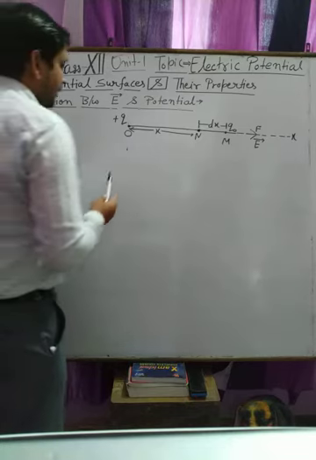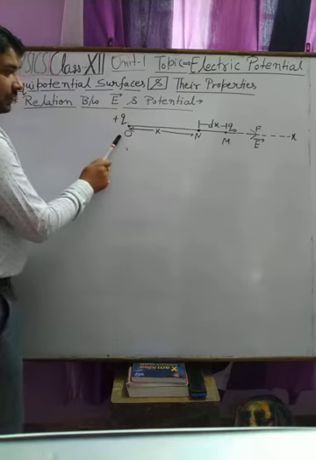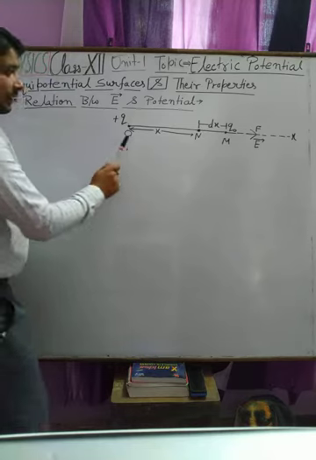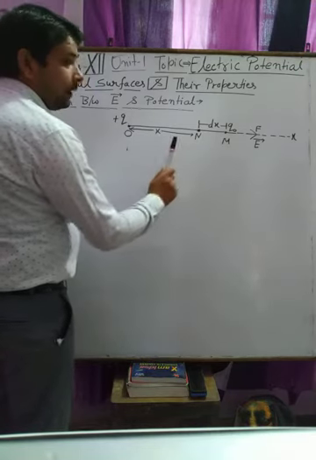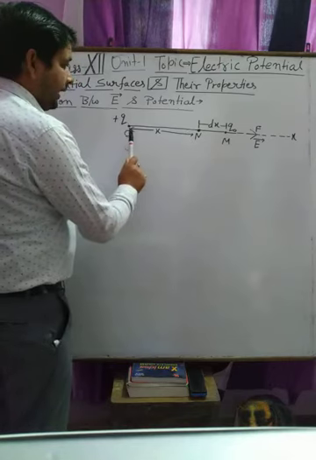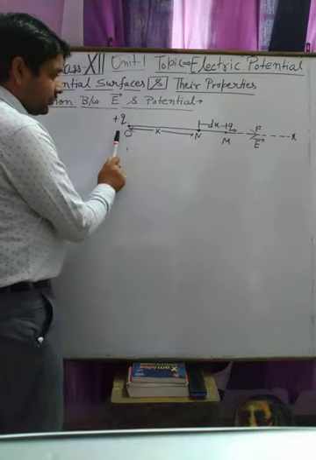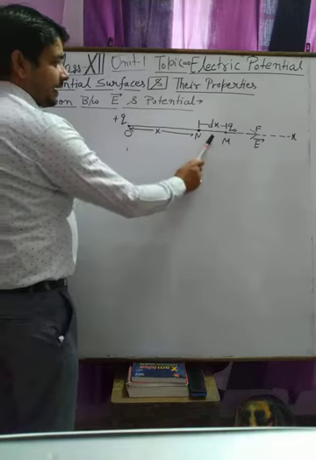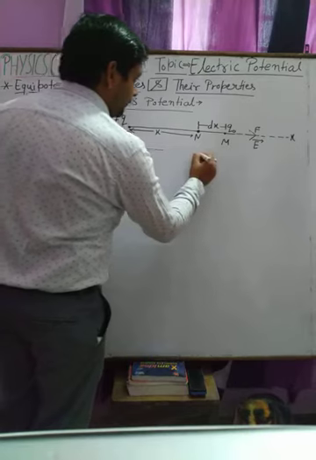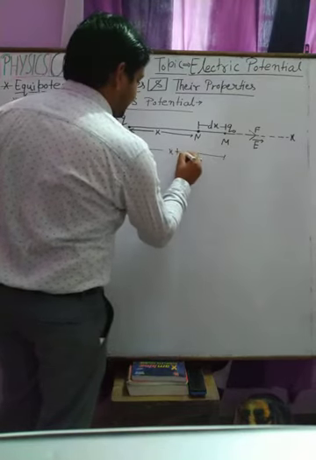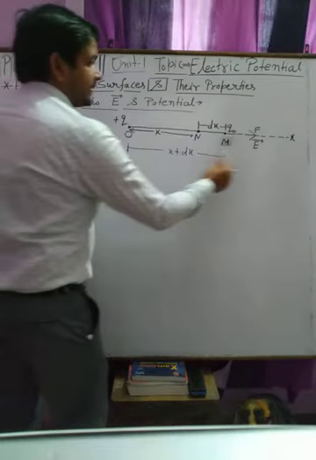Okay, for this, in this diagram, a point charge plus Q is kept at point O and two points N and M are placed at a distance x and x plus dx on the x-axis.